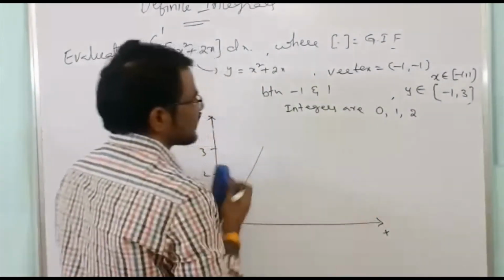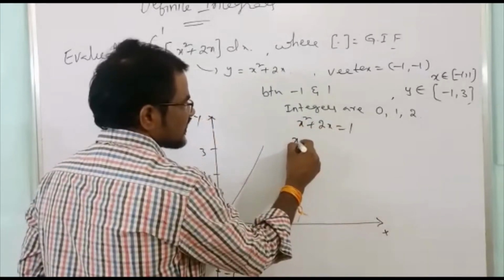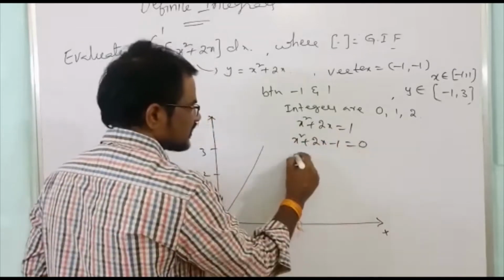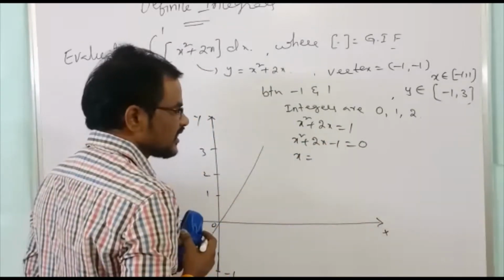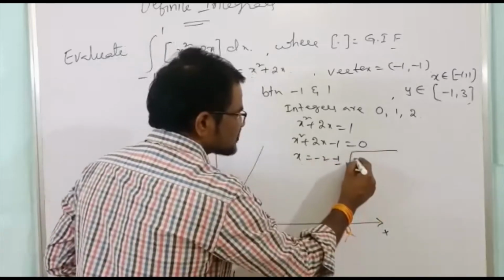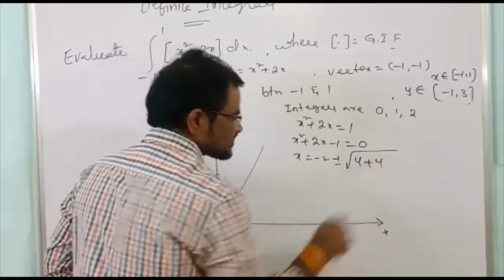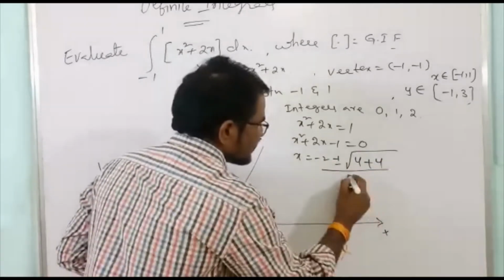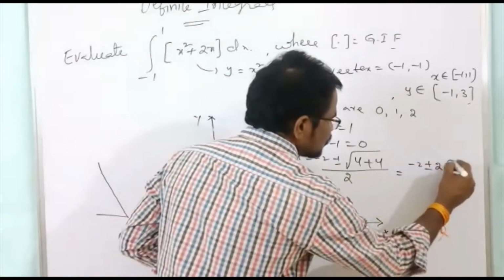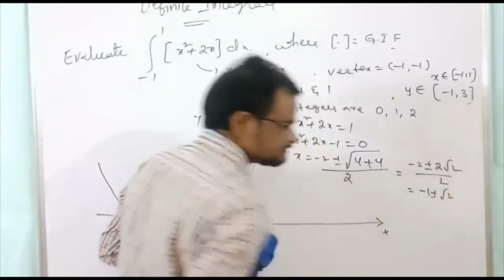Next, if you take x square plus 2x equal to 1, so x square plus 2x minus 1 equal to 0. X values if you find, x equal to -2 plus or minus root of b square minus 4ac, that is 4 plus 4, divided by 2, that is equal to -2 plus or minus 2 root 2 by 2, that is equal to -1 plus or minus root 2.